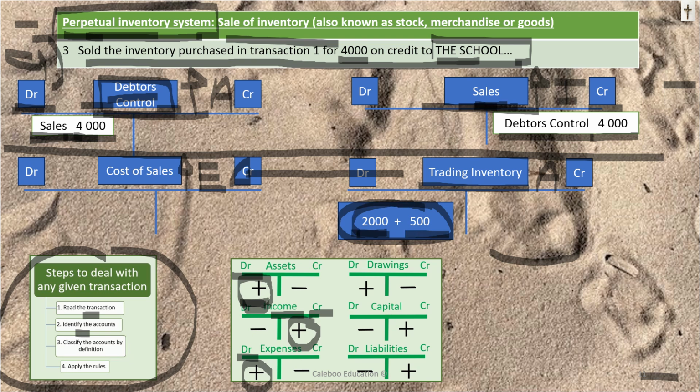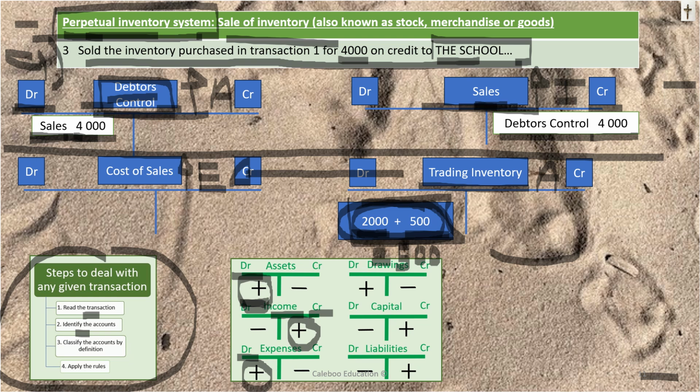So the total cost of the stock is 2,500. I haven't recorded these transactions formally in this slide, but they were done in slides 1 and 2, previous slides. Now what has happened, all the stock has been sold.